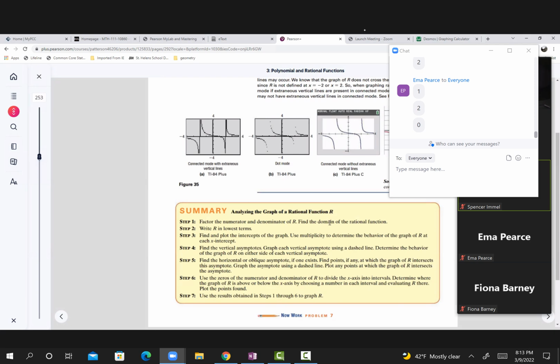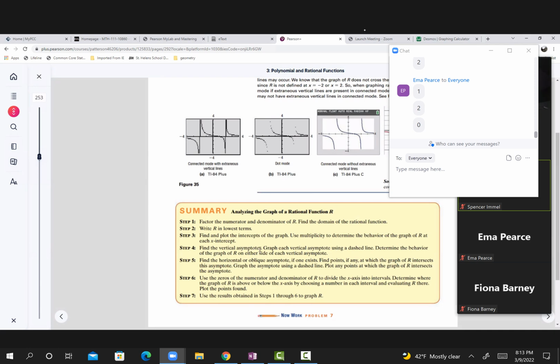That's no different than what I'm asking you. Write in lowest terms. Well, that's if things cancel out, but they might not. Find and plot the intercepts. The only intercept I'm interested in is the x-intercept. I could care less about the y-intercept. It's just not important.